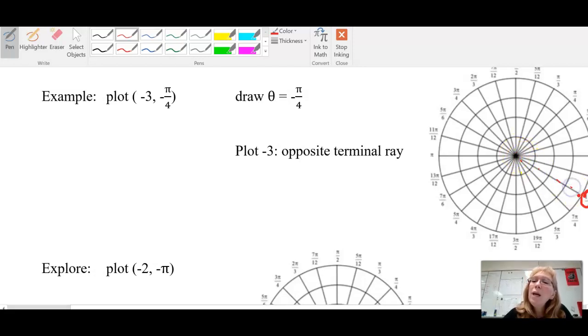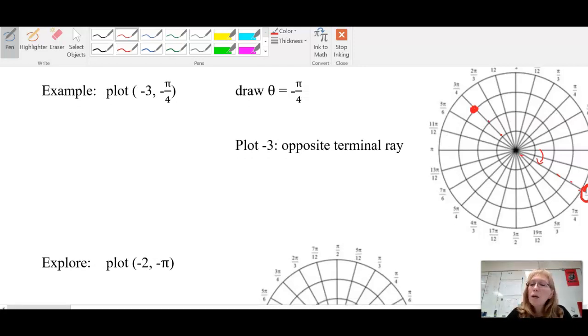So this is the negative angle going this way, but then I have to go the negative direction, which is this way. So I have to count 4, 1, 2, 3, 4, and we are at negative 3. And we are right here at negative 3, negative pi over 4. We have done a negative angle 2 times is what we've done. Okay, pause and try yours.